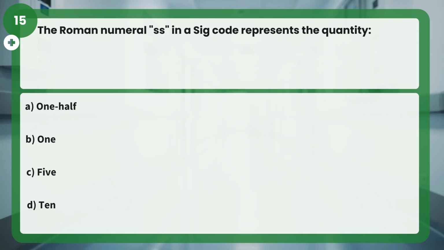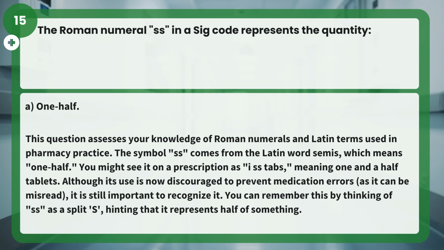Question 15. The Roman numeral SS in a SIG code represents the quantity. A. 1/2. B. 1. C. 5. D. 10. Answer: A. 1/2. This question assesses your knowledge of Roman numerals and Latin terms used in pharmacy practice.